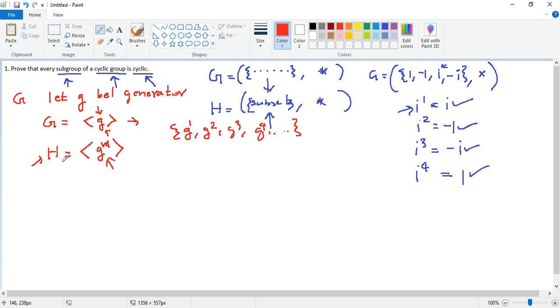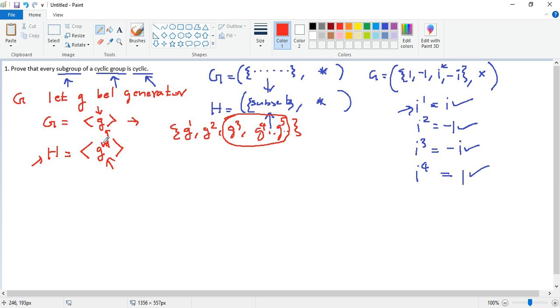So when I take a subgroup H of G, all the elements in H will be some power of g, right? For example, if there are g to the power 5, and I had taken only these three elements, then g cubed, g to the power 4, g to the power 5 are all again powers of g.